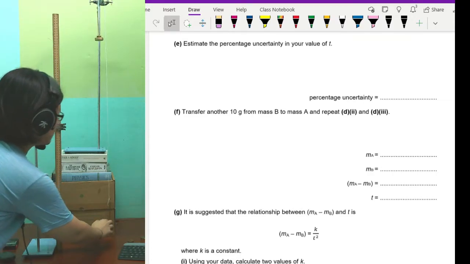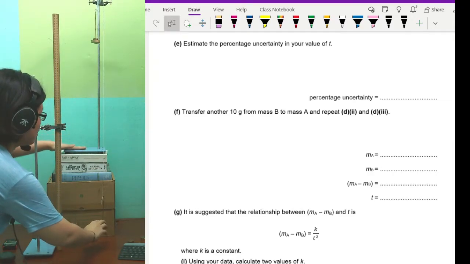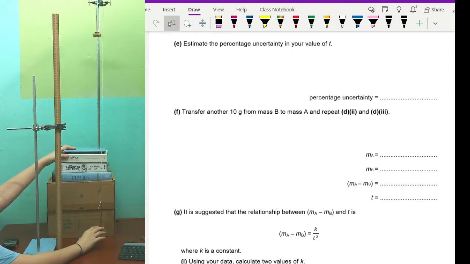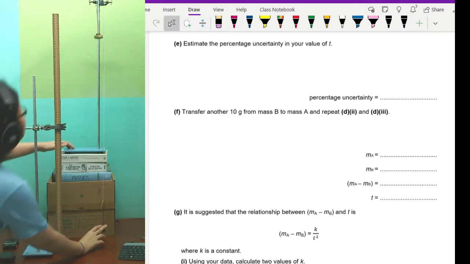All right, and to make sure it doesn't happen again, I'll put my hand here to support my retort stand. You give people support all the time, so now it's my turn to support you. All right, so I'm going to try my best to make sure it works. That thing has to stop oscillating. Give me a sec.